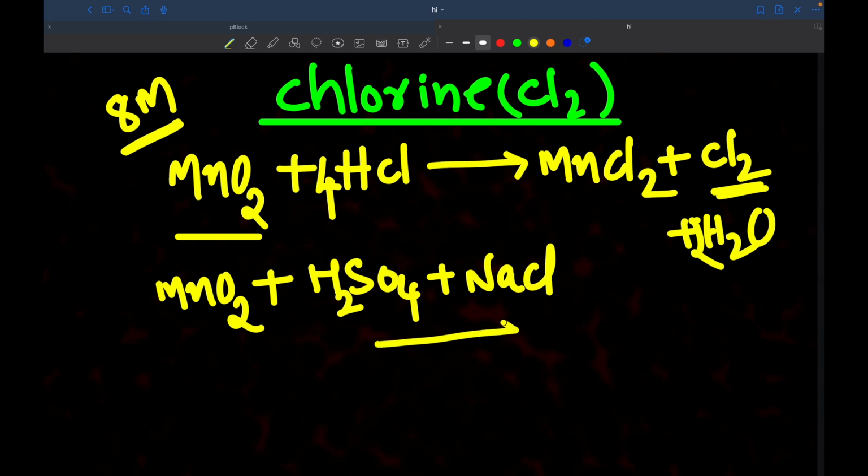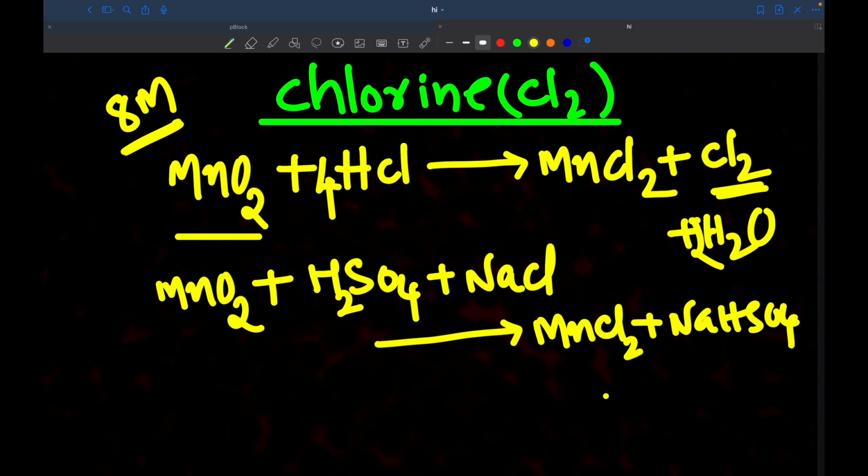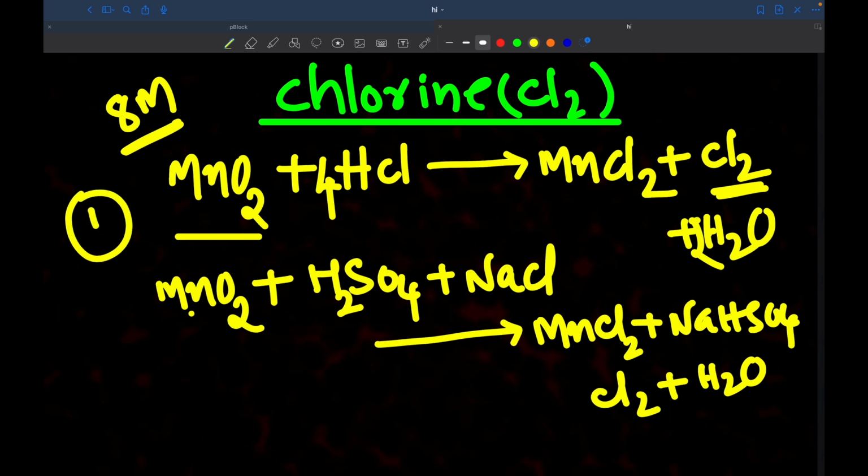Here also the products are quite common: MnCl2, sodium hydrogen sulfate, chlorine, plus H2O. So this is the first preparation starting with MnO2.